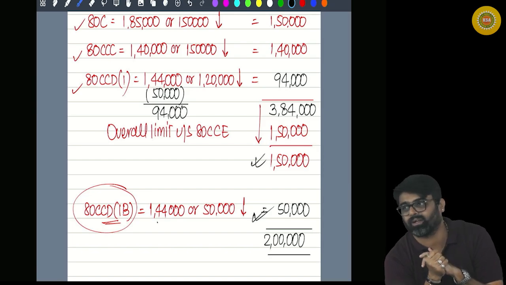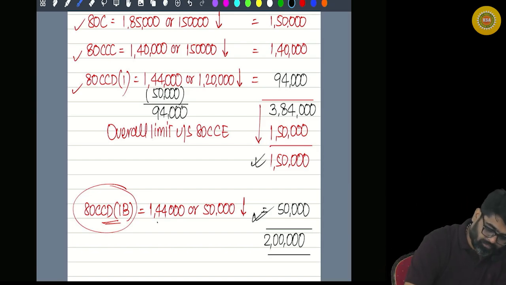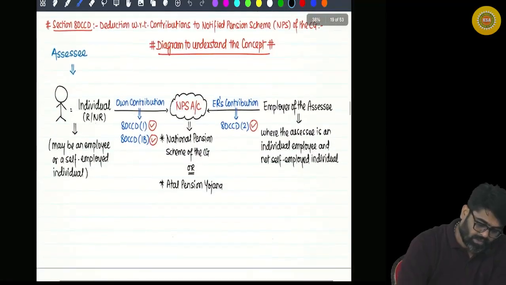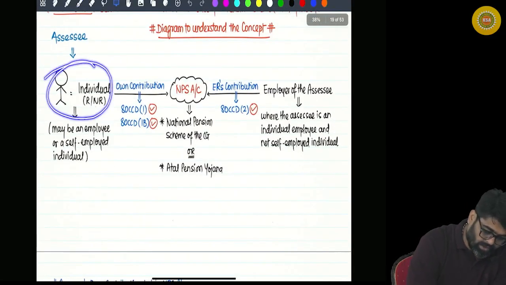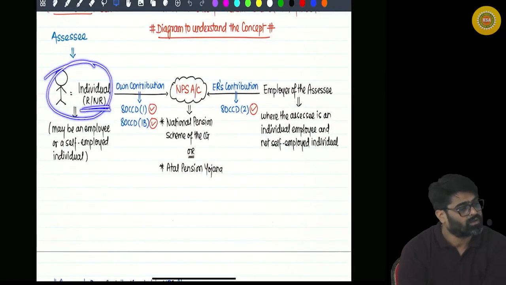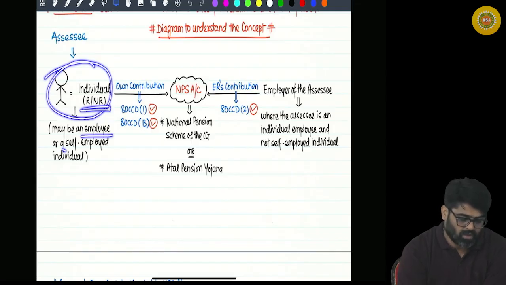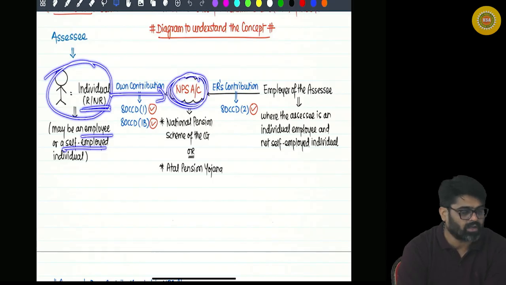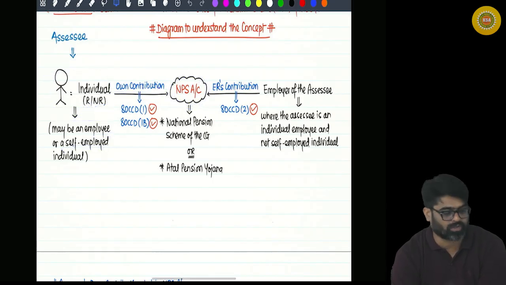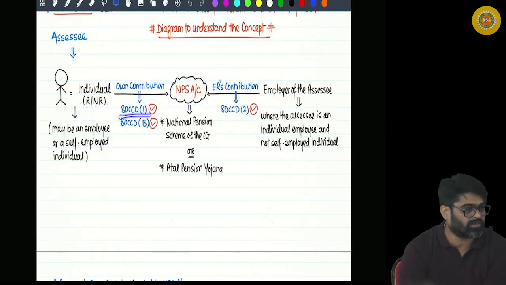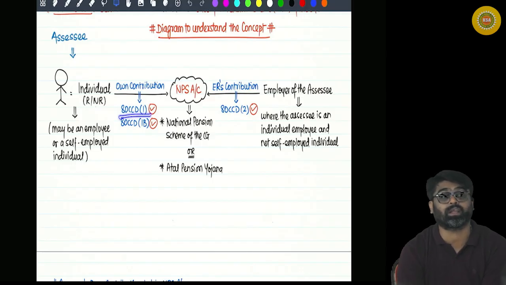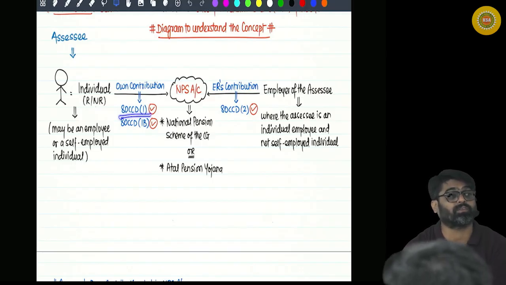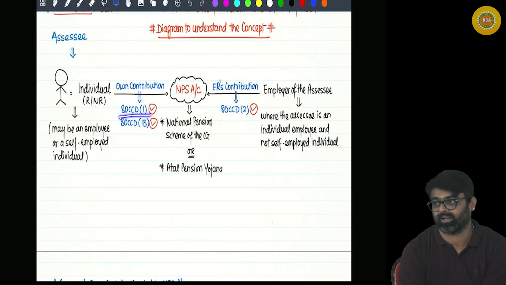Hello, sir. So tell me, are you an assessee? Individual? You can be resident or non-resident. You can be employee or a self-employed. Whatever contribution you are making to your NPS account, your own contribution will be allowed under section 80CCD1, subject to 10% of your salary or subject to 20% of your GTI, as the case may be.